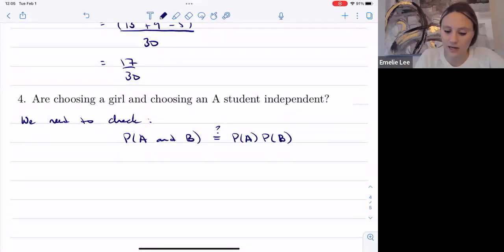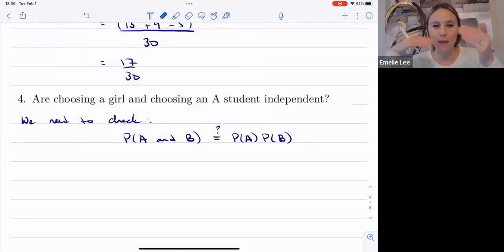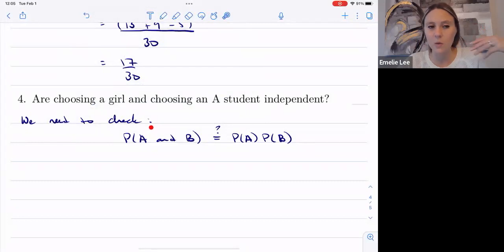And of course, for us, again, I'm going to use that mapping technique where the first event, the general event, is denoted by an A, which is choosing a girl in this case.